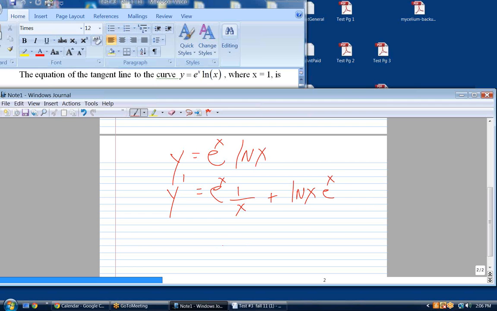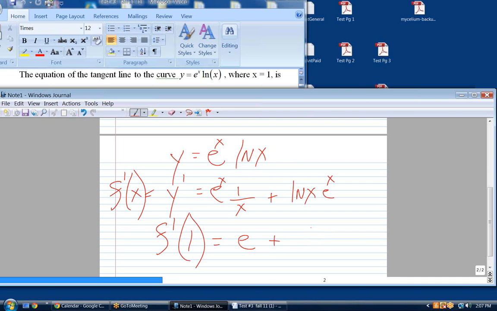So, if this is equal to f prime of x, what is f prime of 1? We have e to the 1 times 1 plus the natural log of 1 times e.